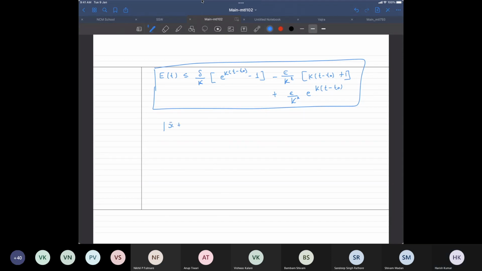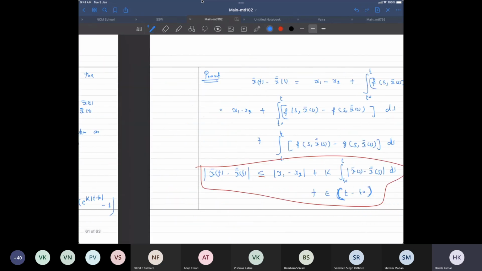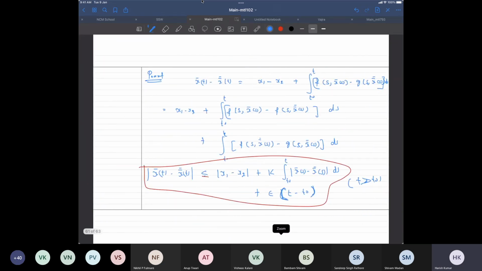So now to prove the remaining part, let us note that the distance between x of t and x bar of t is less than or equal to, let us go back to this relation. The first term will be this thing, and then the remaining terms will be this thing. But note that this is exactly our E of t.